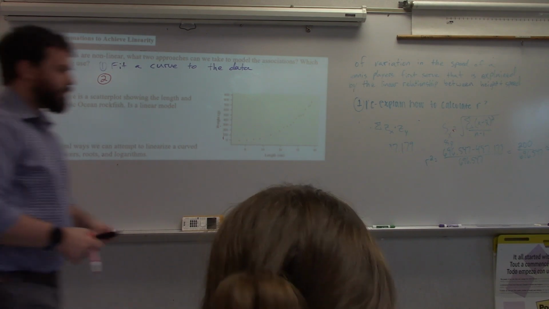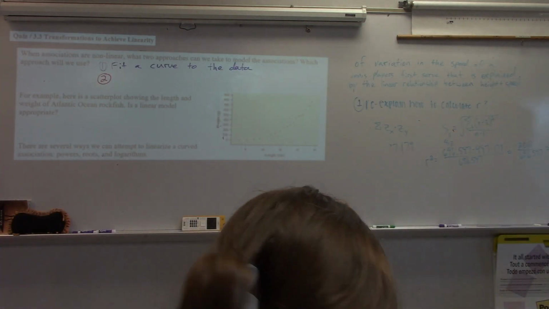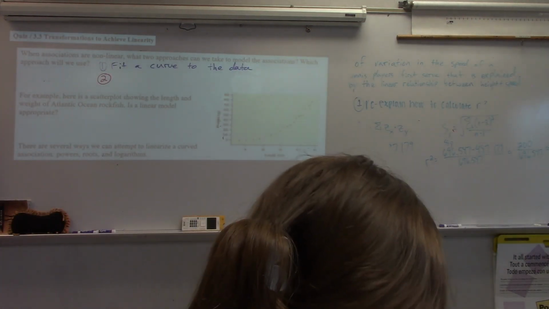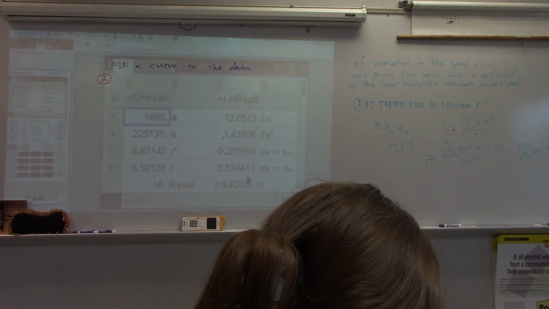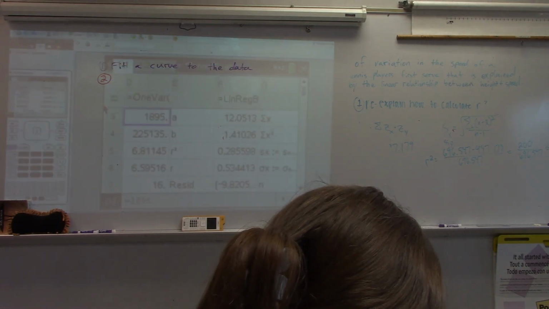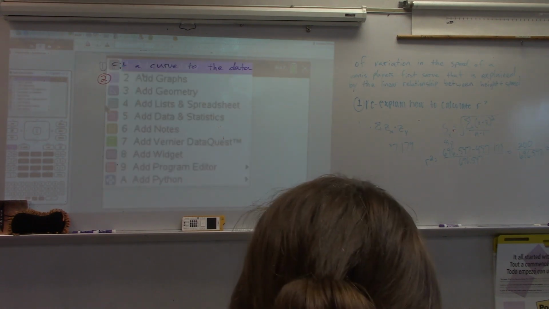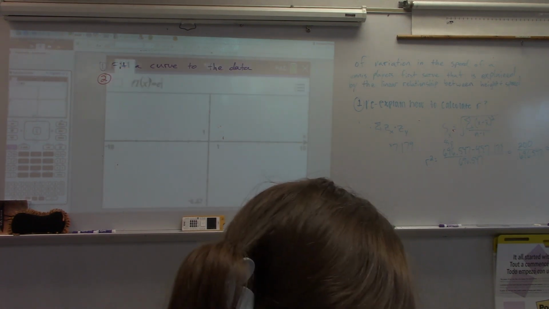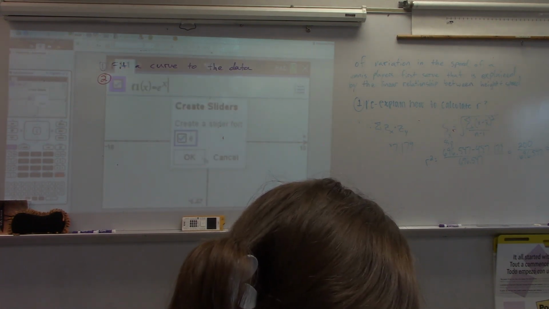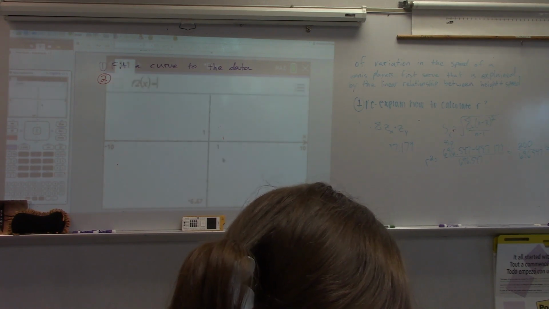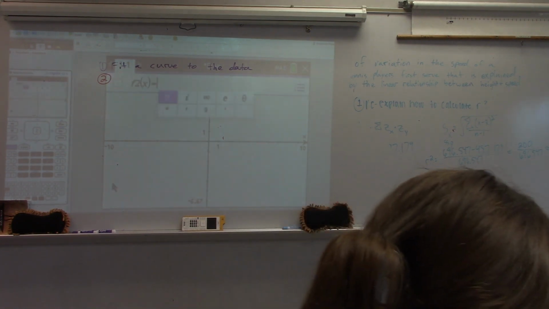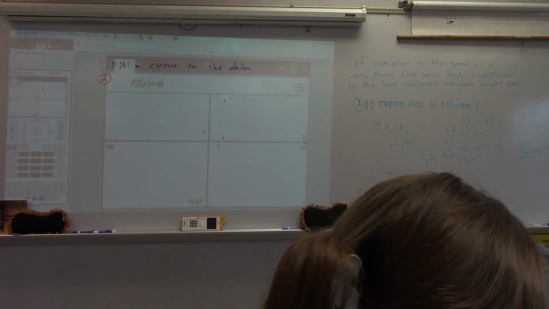Okay, so watch this. I'm going to make a graph page, and here is e raised to the x. No, that's not what I wanted. I wanted the number e.